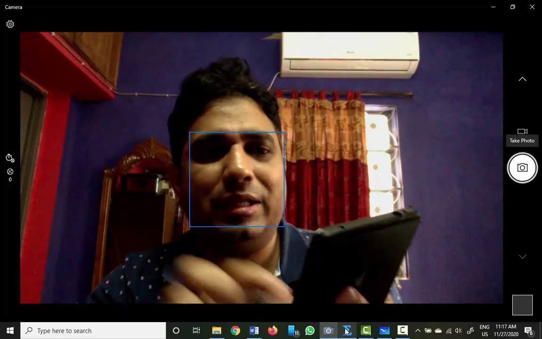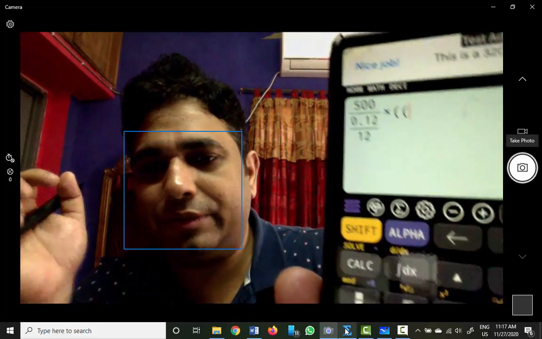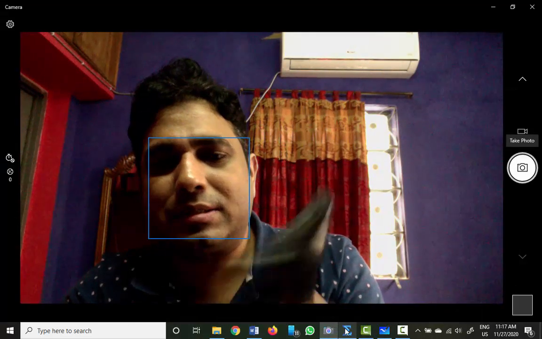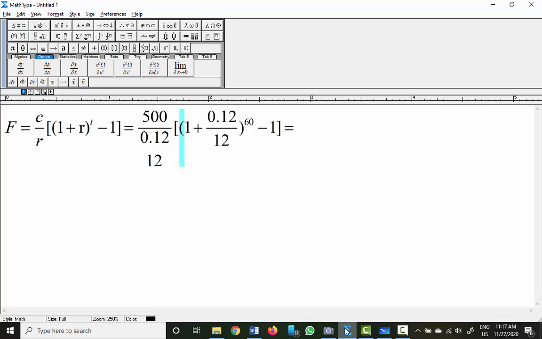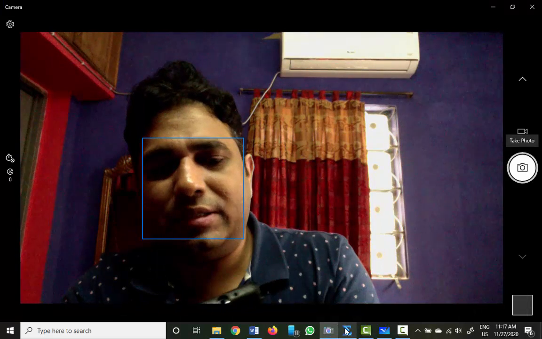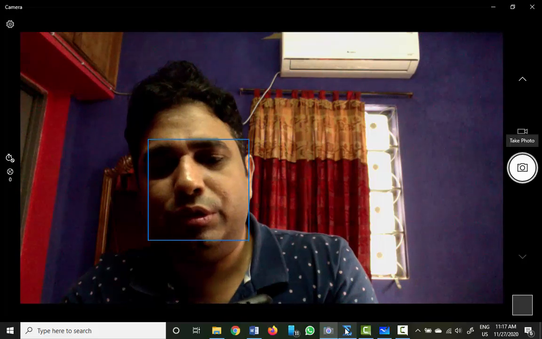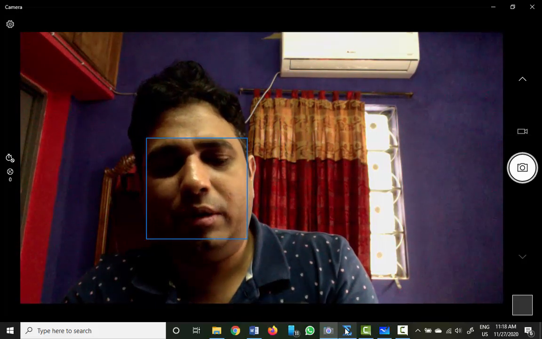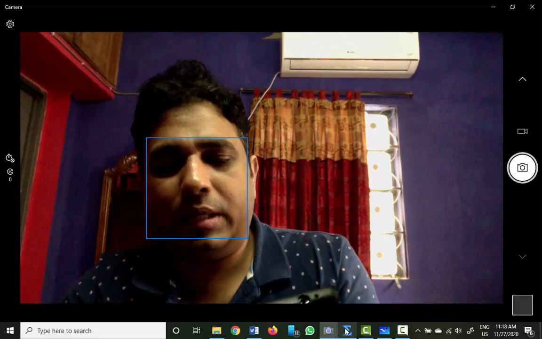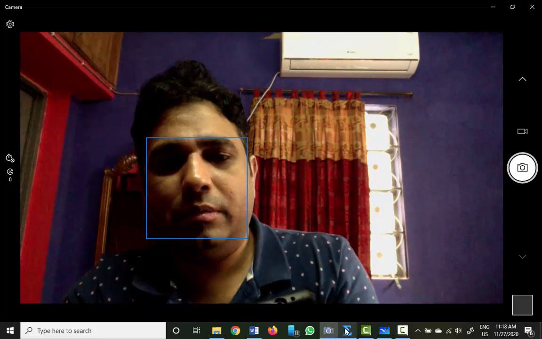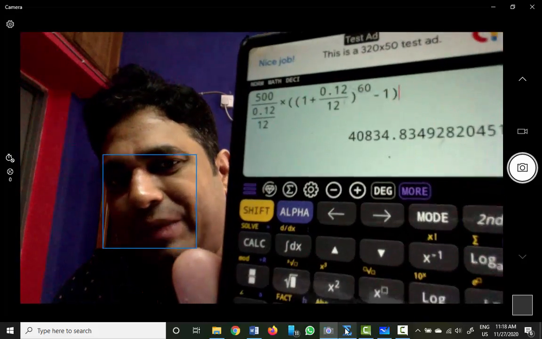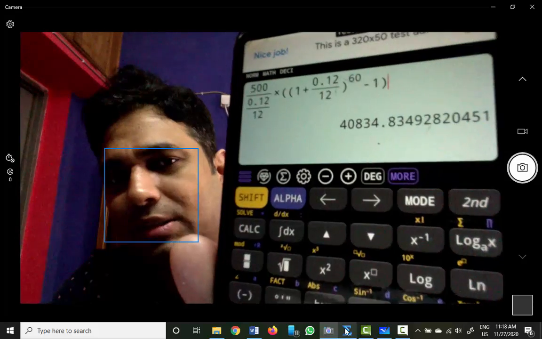Then what we have? 1 plus, and then there is a fraction there: 0.12 divided by 12, bracket close, power 60 minus 1, bracket close. If you type it that way, you can get the answer directly.